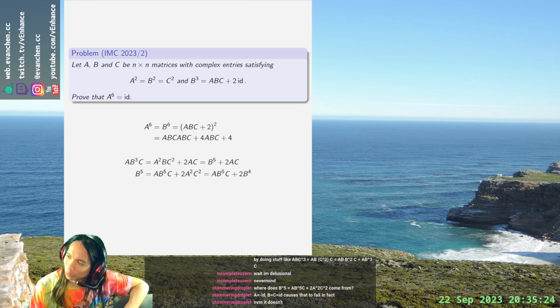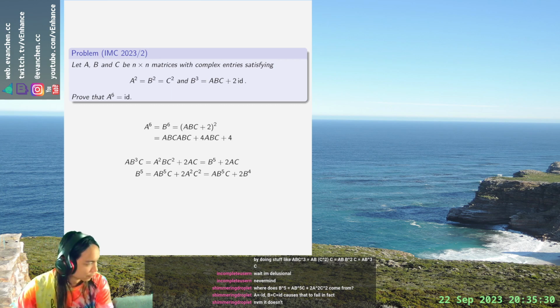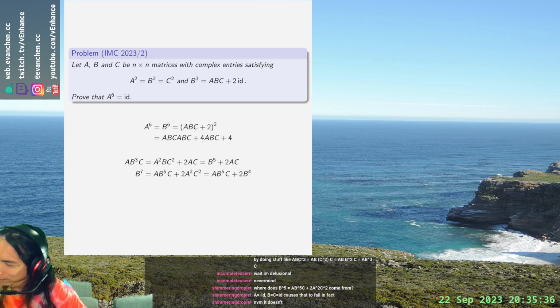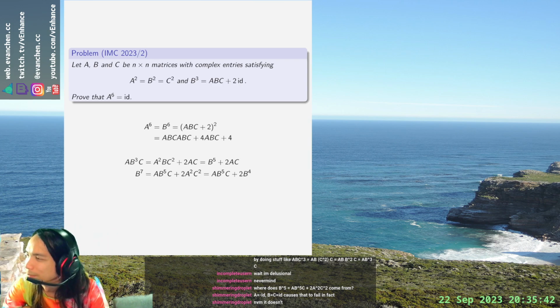Yeah, that probably should be b to the 7, sorry. I think I was trying to multiply by a squared c squared, which is kind of dumb, honestly.